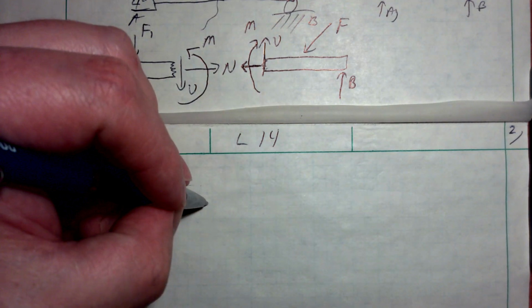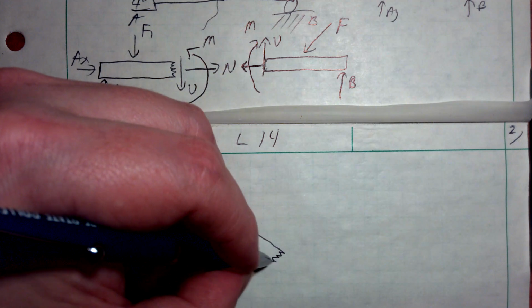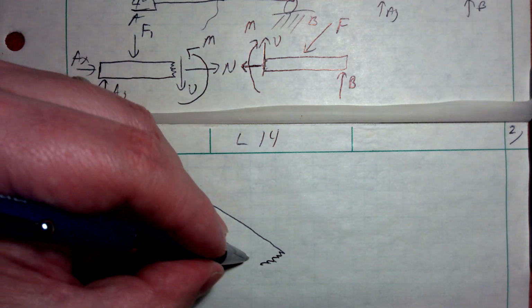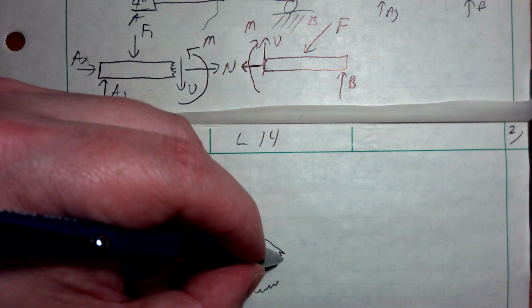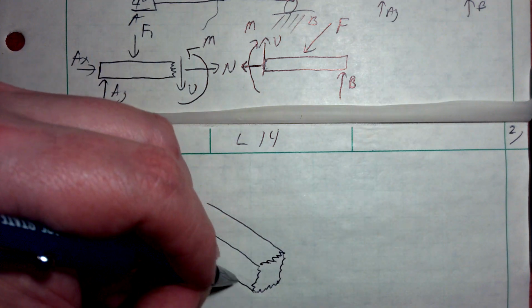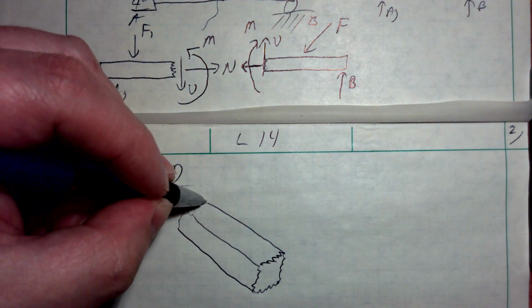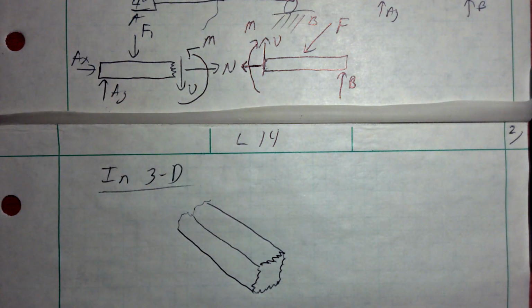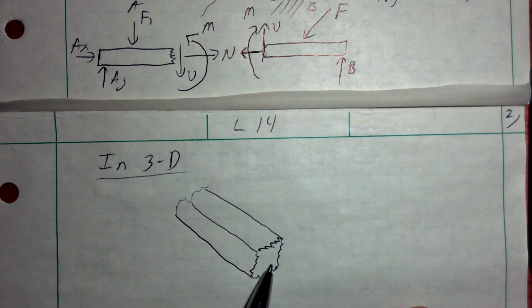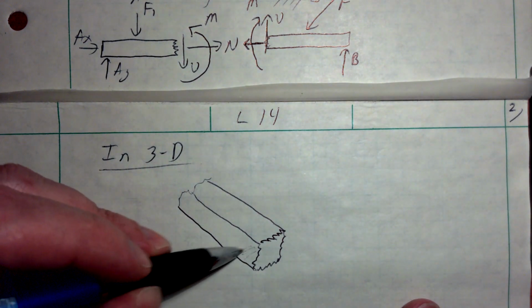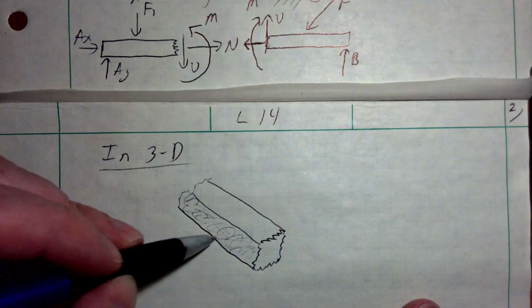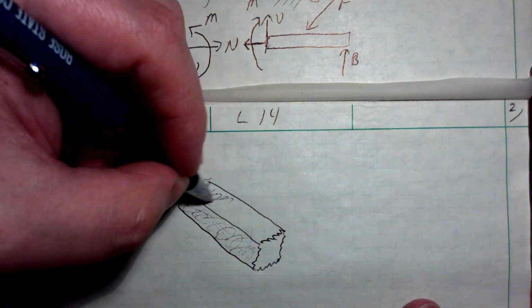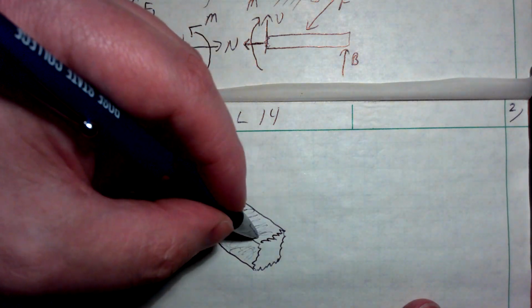If I have some sort of 3-dimensional beam that I make an arbitrary cut in, right? So here I've made an arbitrary cut in this 3-dimensional beam, so you can see what I've got there.